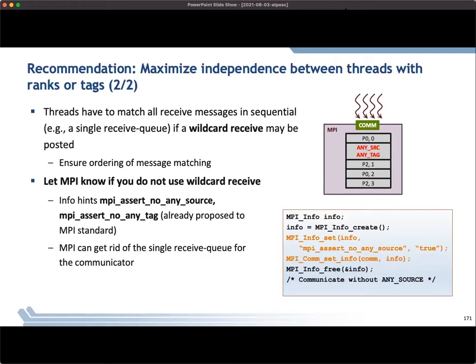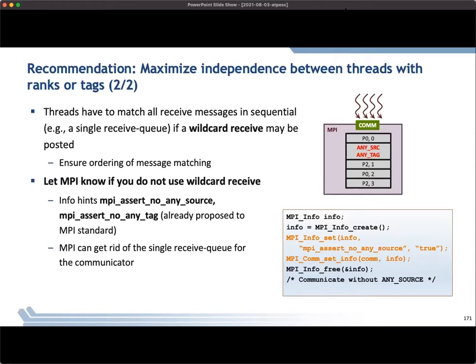The problem is that when the message arrives, there's no way to know whether this order is intended by the application or is just a coincidence of the thread scheduling. So MPI has always taken the conservative way, assuming this is what the application wants, and preserves that ordering, which means all these operations, maybe from different threads, have to be serialized on the receiver side, which slows the whole thing down.